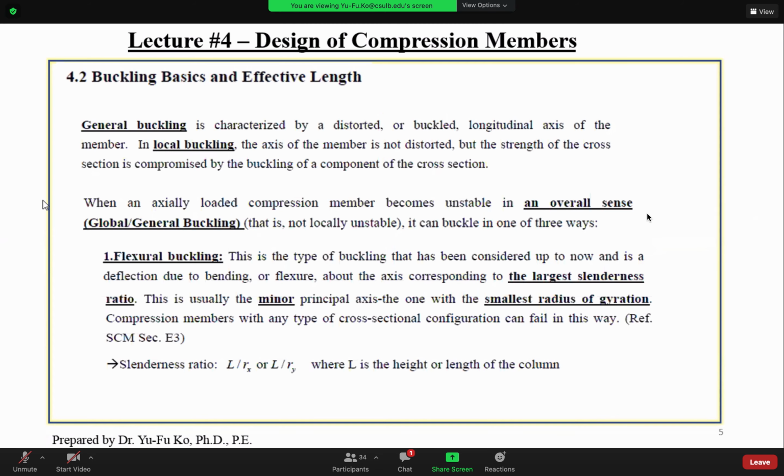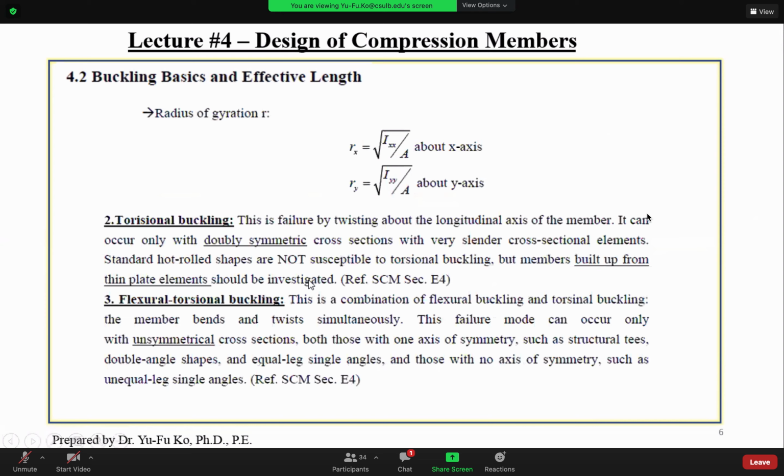So, this is the answer for the question you just asked. The radius of gyration about the x and y axis is defined in here, with Ixx and Iyy. If you say I is smaller, yes, you can say it's smaller stiffness, but in terms of bending, maybe yes.